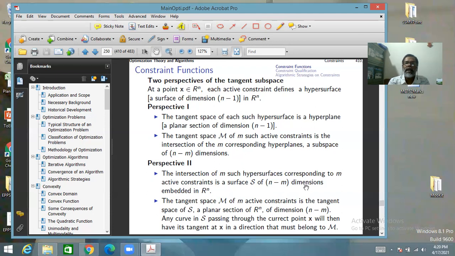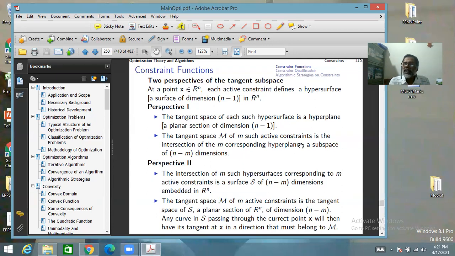Then consider its tangent, which will be a planar section of n minus m dimensions. So any curve in the intersection surface passing through the current point, current X, will then have its tangent at that point in a direction that is in the tangent space. So these two ways you can look at the tangent subspace.